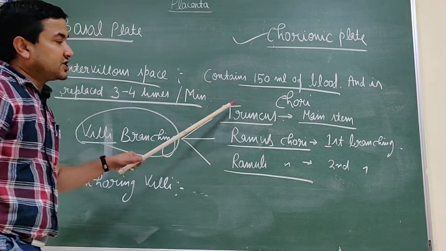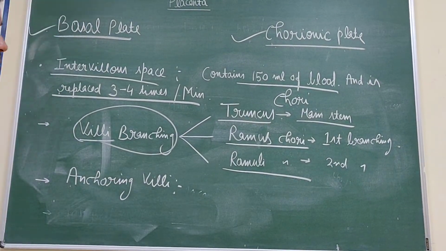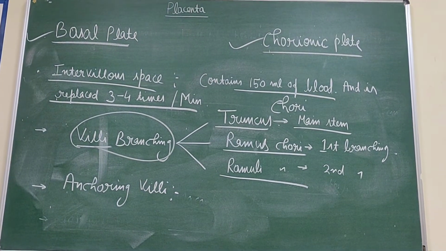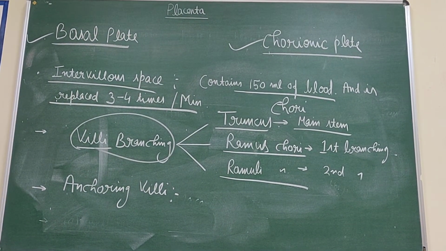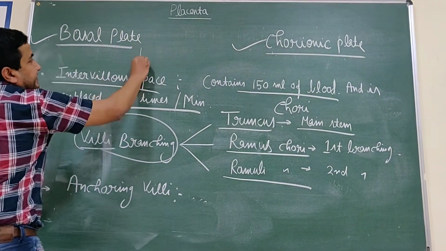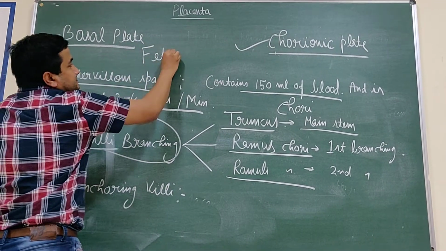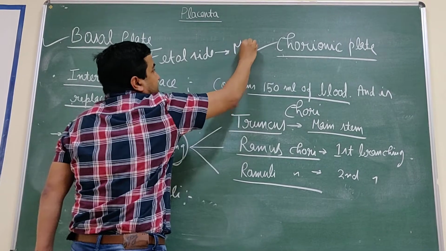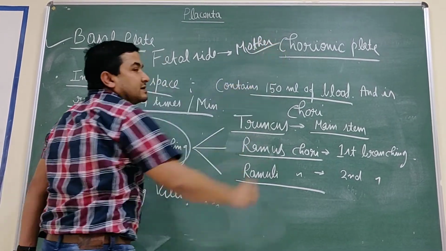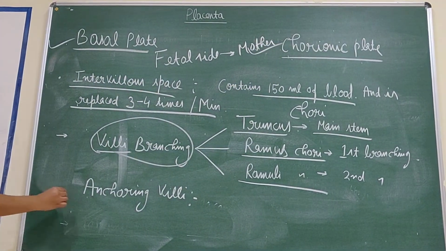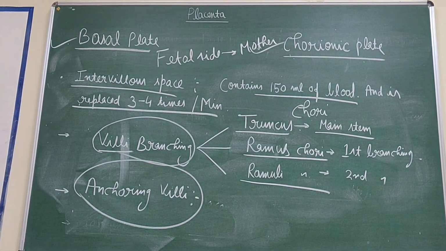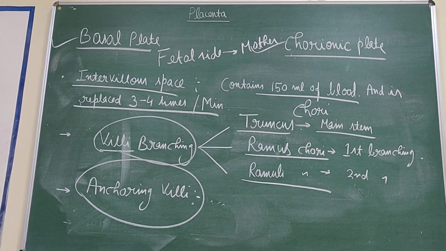So these are the names truncus, ramus, and ramuli. Then these villi, known as the chorionic villi, project from the fetal side to the mother side. And these villi are also known as the anchoring villi.